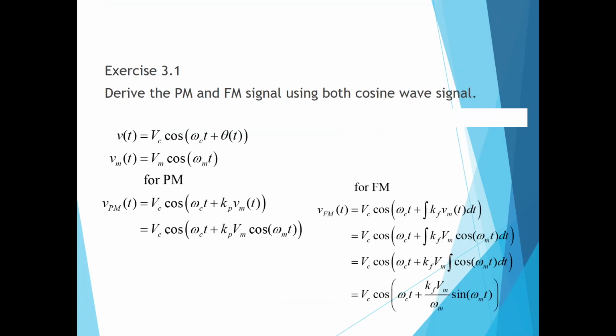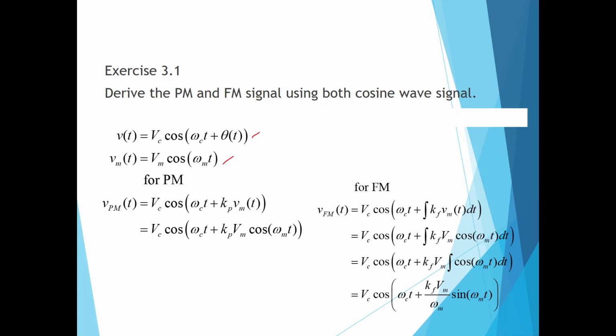So if you read from other literature books, some of them use cosine function as the general equation. So no problem, you can use a cosine function for the general equation, and you can also use the cosine function for the message signal.